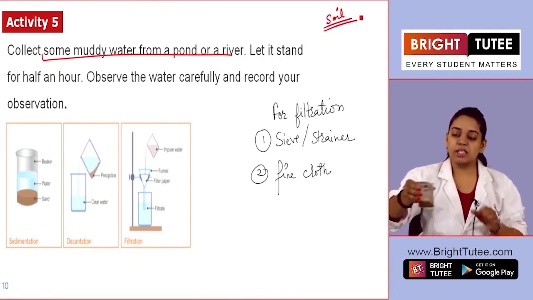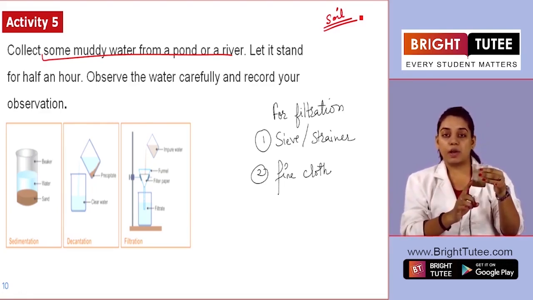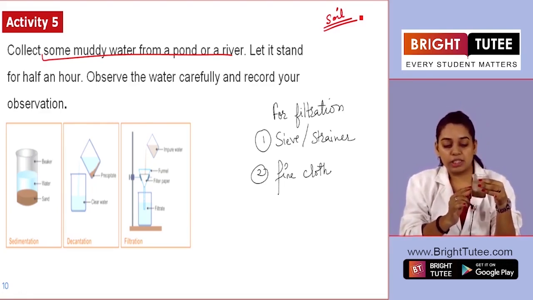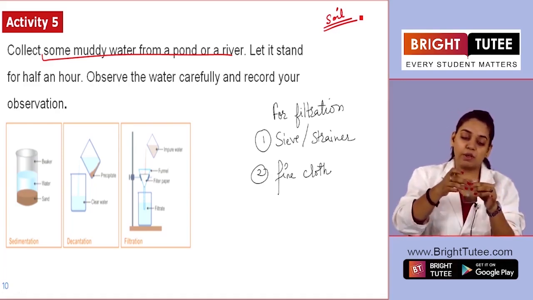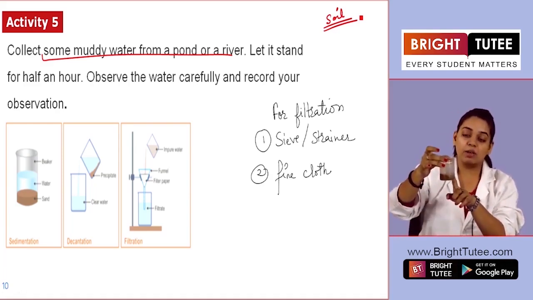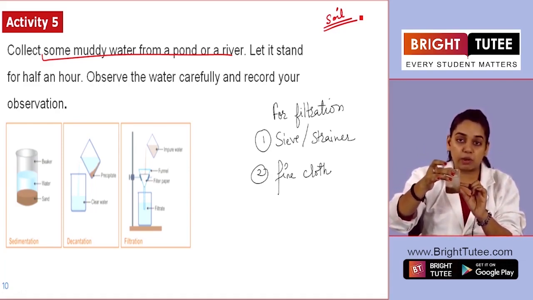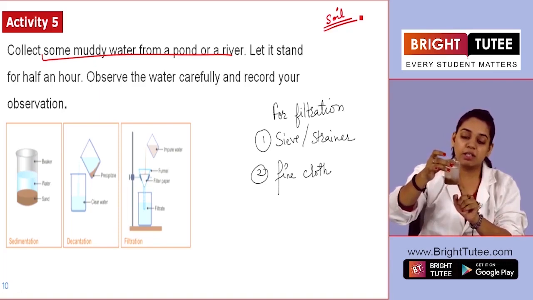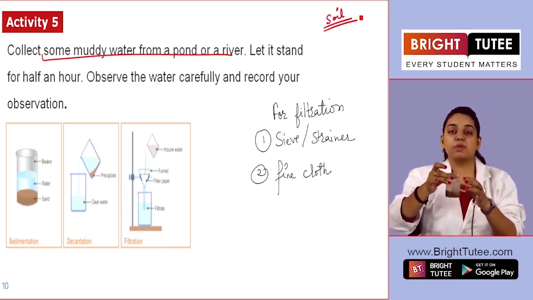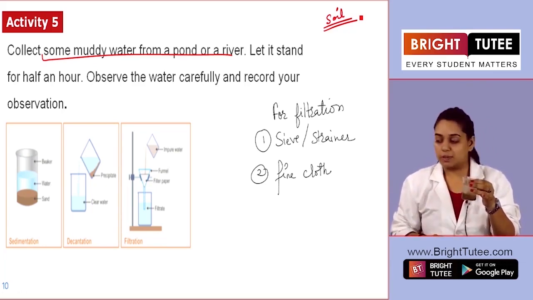As you can observe, this is a mixture of soil and water. Initially we tried to mix it by stirring, but since they do not mix with one another, we have let it stand for some time, and you can observe that this soil has settled down at the bottom of this container or beaker, and this soil is known as sediment, and this process is known as sedimentation.